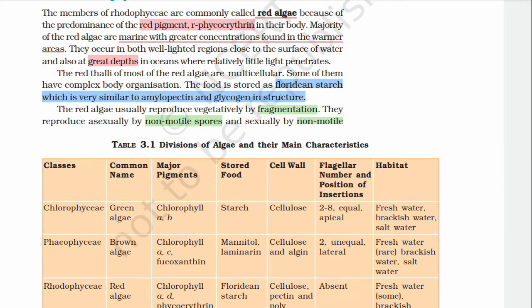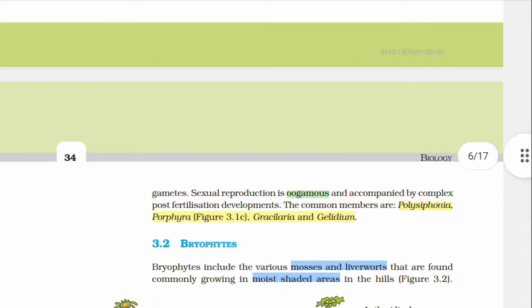Vegetative reproduction is by fragmentation, and asexual and sexual reproduction are by non-motile spores and non-motile gametes respectively. And if you see, sexual reproduction is oogamous. They are specific. That is, the male gamete will be small and motile and the female gamete will be large and non-motile. And the common examples are Polysiphonia, Porphyra, Gracilaria and Gelidium.